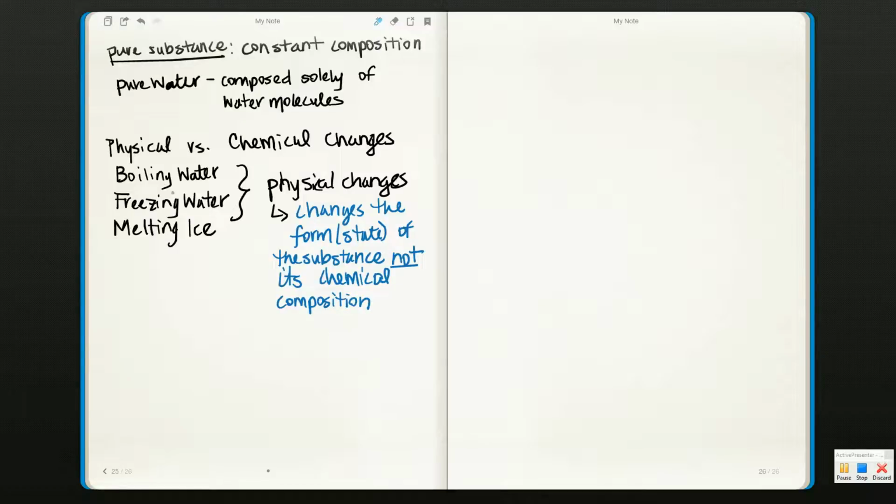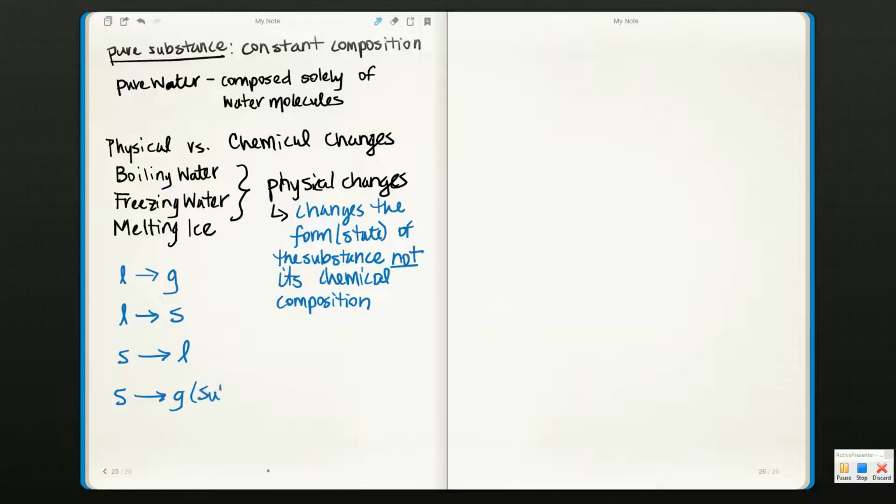Okay, so those are some examples of physical changes. So going from liquid to a gas would be boiling, because you would produce water vapor. Going from a liquid to a solid is a physical change, and going from a solid to a liquid is a physical change. And there's also something called sublimation, where you go directly from a solid to a gas.